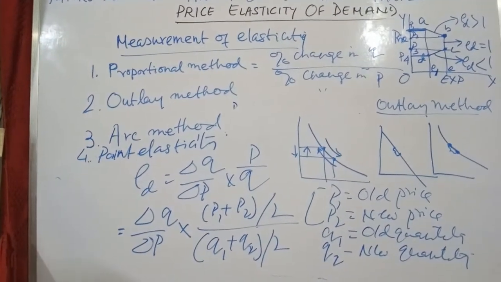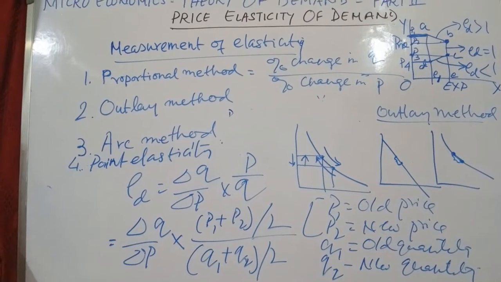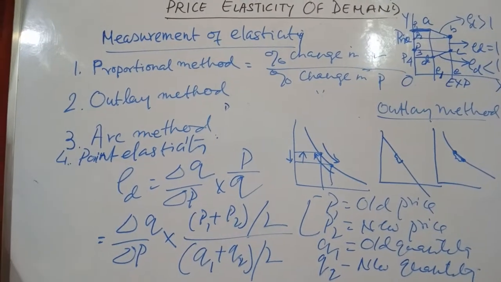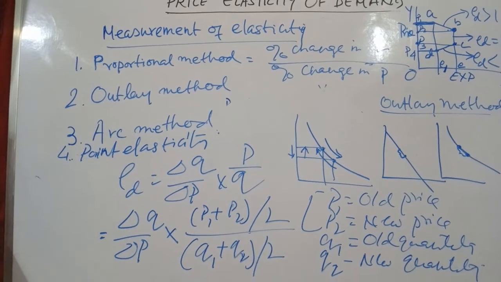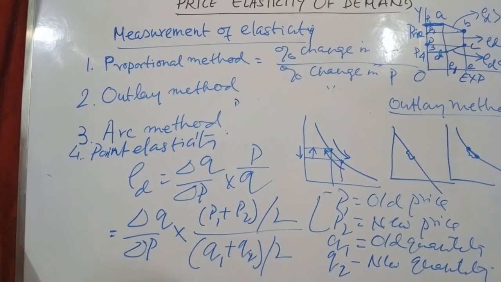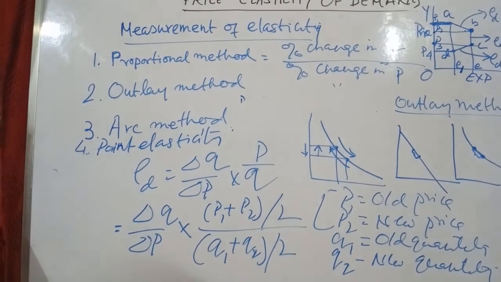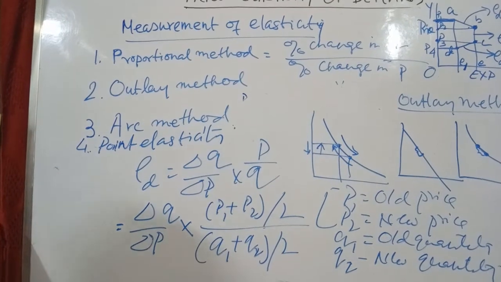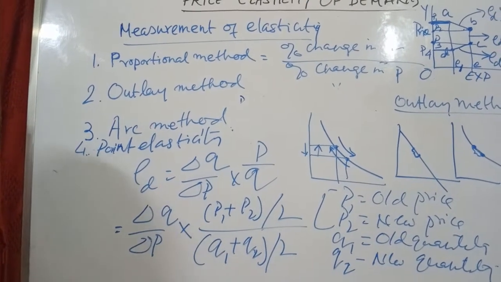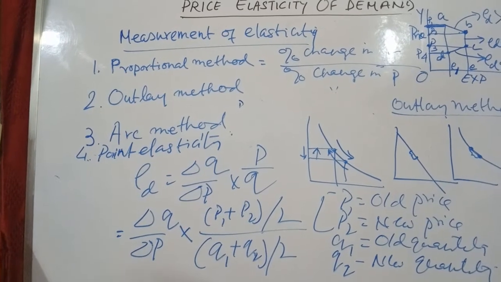Elasticity can be anything from 0 to infinity, and we have learned the shapes of demand curves for different degrees of elasticity. That is, what is the shape when it is 0, what is the shape when it is infinity, what is the shape when the elasticity is relatively elastic or relatively inelastic.